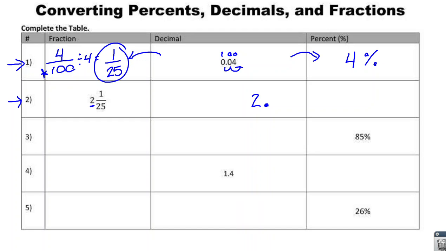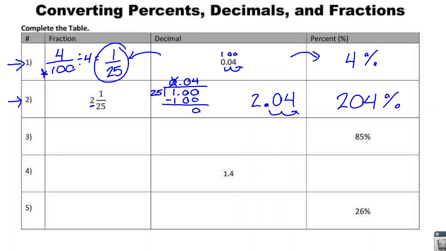So top dog in the house, denominator outside, 25 can't go into 1, 25 can't go into 10, 25 goes into 100 4 times. So 2, and remember we don't put the 0 there because the 2 is going to take the place. 2.04 is the decimal. Move the decimal point 2 to the right to turn it into a percentage, 204%.